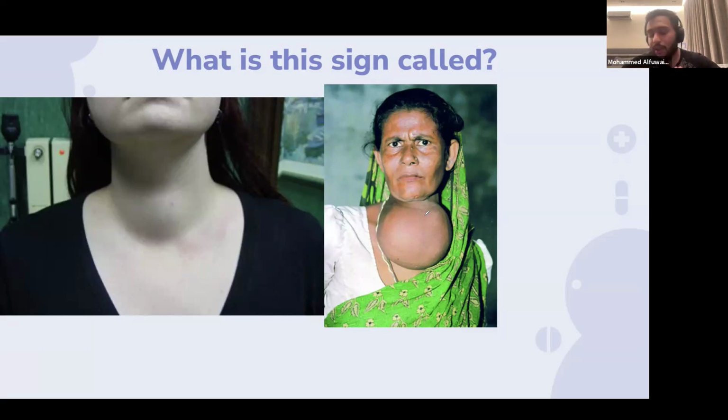Another thing that I want you to remember is what type of food causes goiter. Do you guys know? Seafood has a lot of iodine, and you're good for saying that. But there's another type of food that's very important.